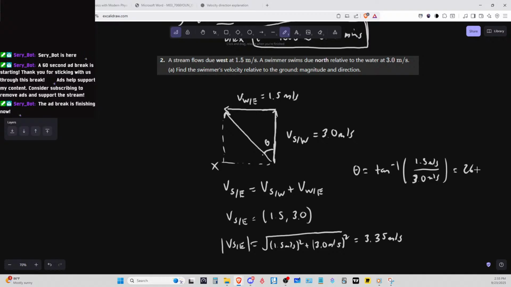So that's 26.6 degrees, and that would be west of north, because the angle is being made from here. So west of north.